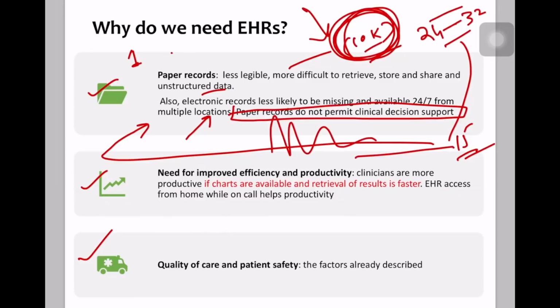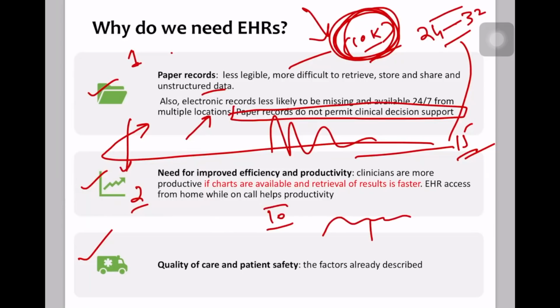Now, the second important point is the need for improved efficiency and productivity. I think we pretty much covered this point in the first as well. Let's look at it again. For example, clinicians are more productive, charts are available, and retrieval of results is faster. If you have to compare the recovery rate of 10 people, right?